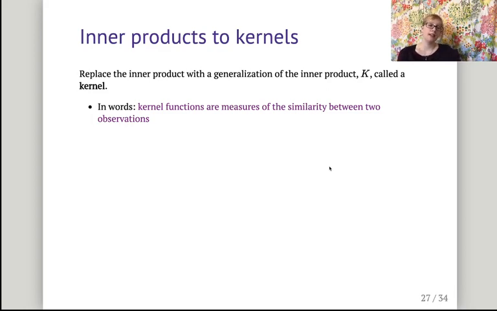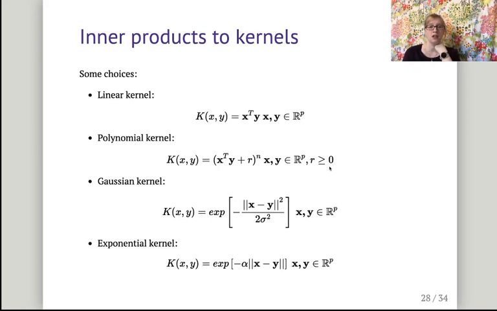To make this an even more general process, what we'll do is take the inner product and replace it with a kernel function. Kernel functions are, again, just measures of the similarity between two observations. So we'll use those to build our model. We've got a lot of different choices. We could, of course, use the linear kernel, the polynomial kernel, the Gaussian kernel, or the exponential kernel.